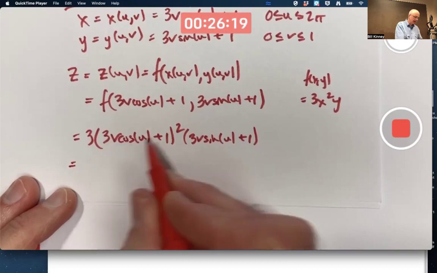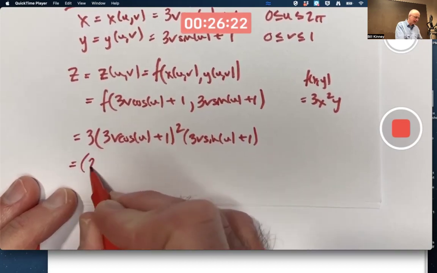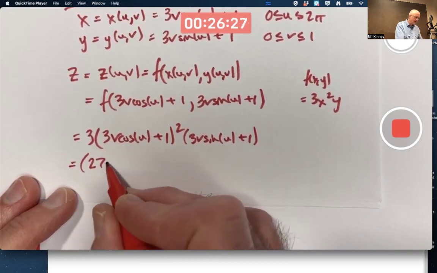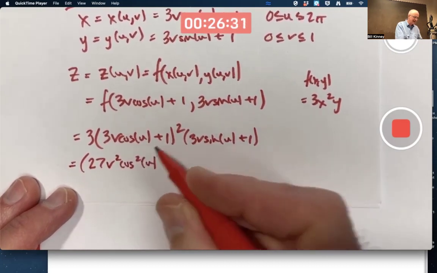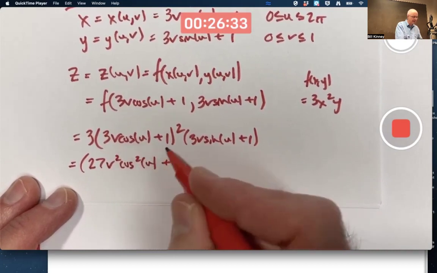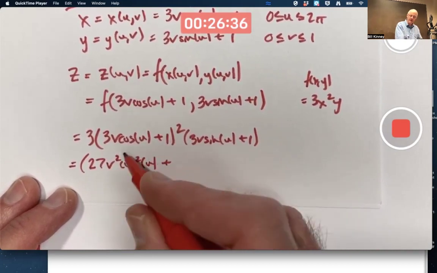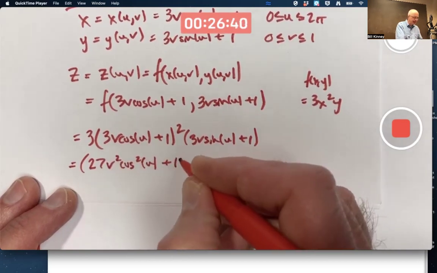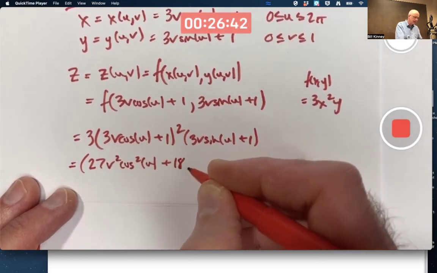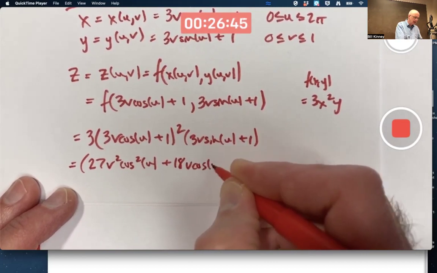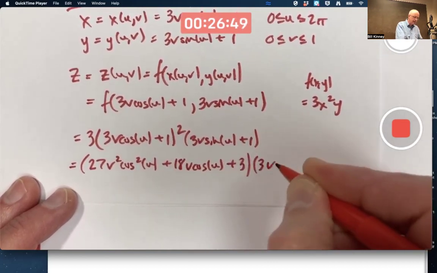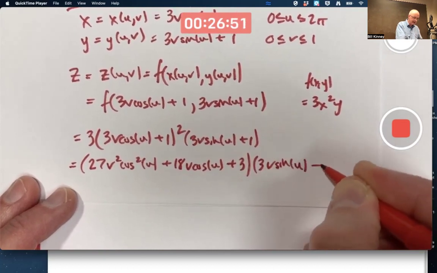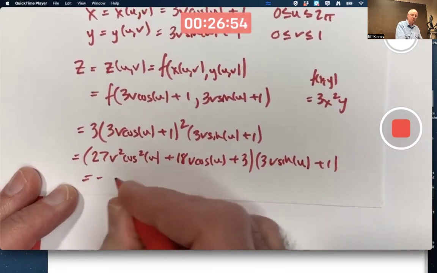I get 3 squared is 9, times another 3 is 27, v squared cos squared u. I will also get 3 times 1 is 3, but I'd have 2 of them from the outside and inside terms, giving me a 6, and multiplied by 3 that gets an 18 v cos u. 1 squared is 1 times 3 is 3. That would be the first step in simplifying this by hand. Then I would have to continue multiplying.